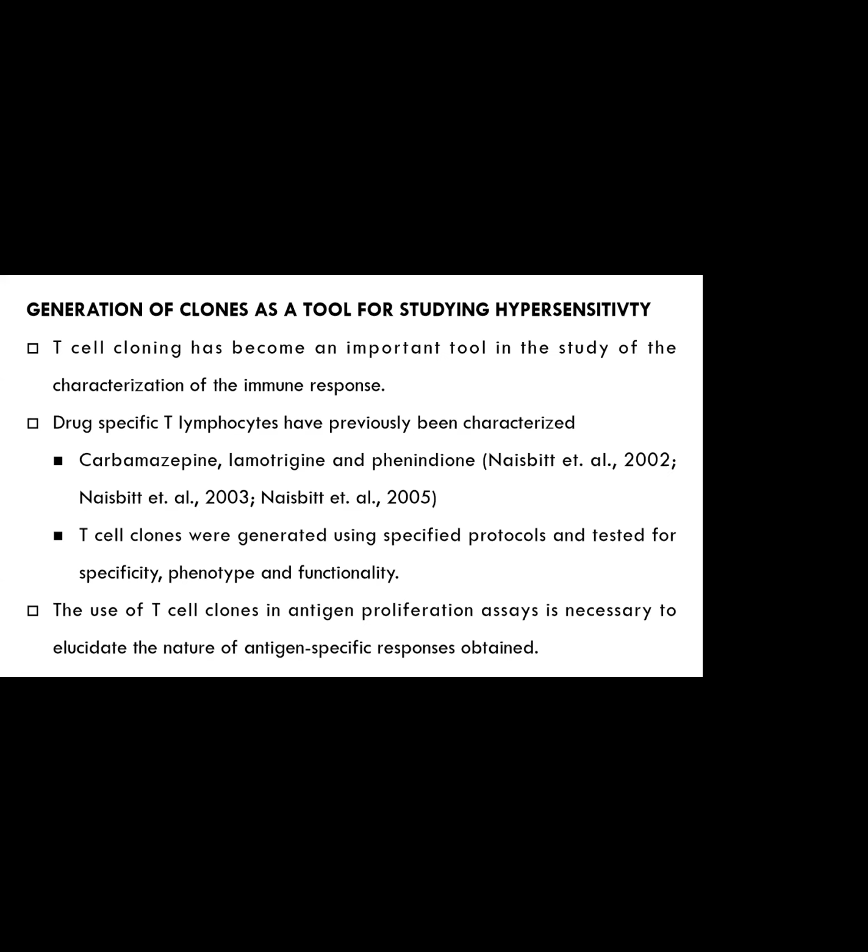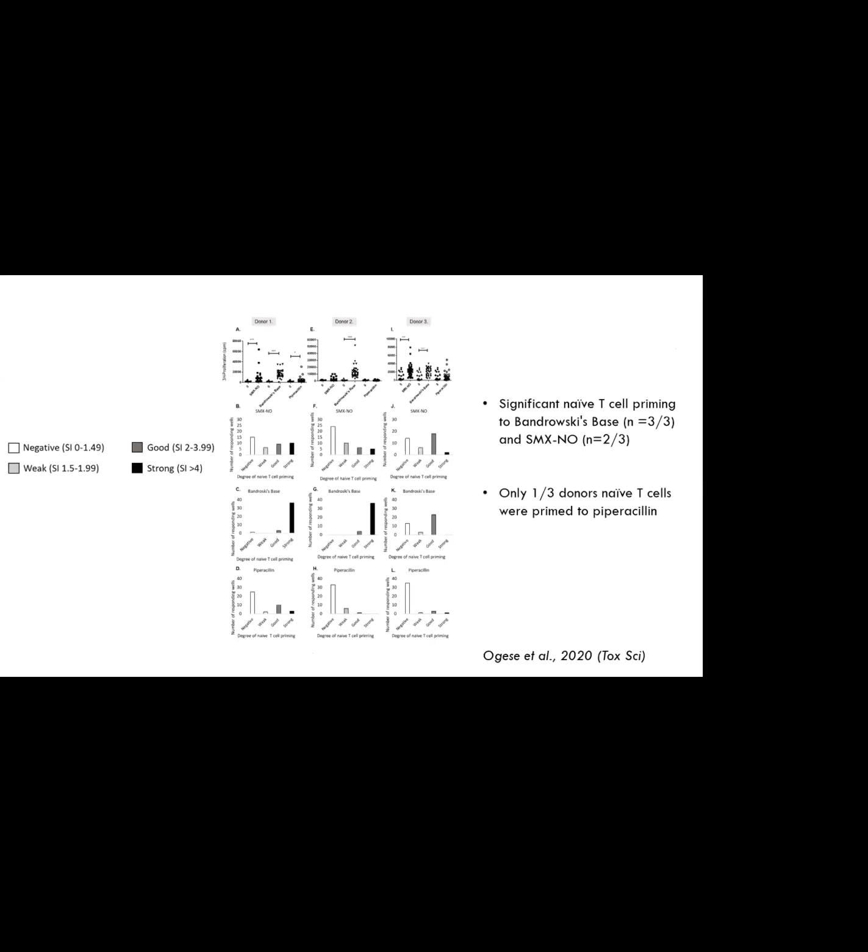Okay. Now, currently, studies have shown from our colleagues at the University of Liverpool, in one of the most recent studies, they have been able to prime, and when they say prime, they have been able to obtain cells from naive individuals that have never seen the drug before, individuals that have never had an adverse drug reaction before.